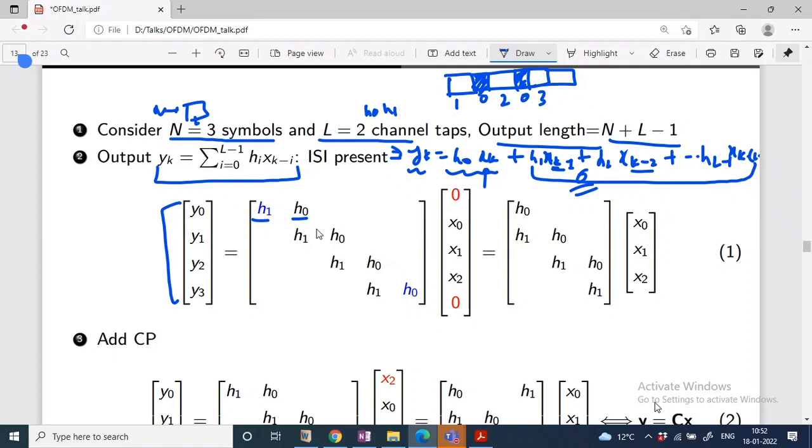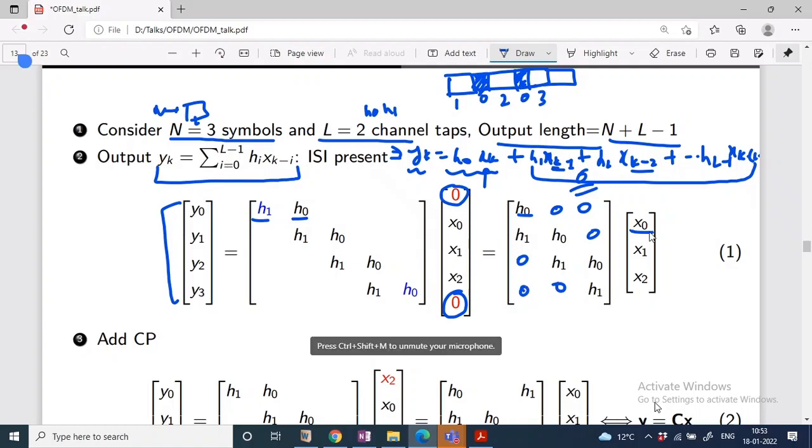That's why, for the 2 tap channel H0 and H1, I put this guard interval. If you do that, this goes to 0, H1 X0. If you want to remove this one, we can write it as H0 X0, with 0 0 0 0 and 0. So you can do that. But what is the problem with putting the guard band as 0?